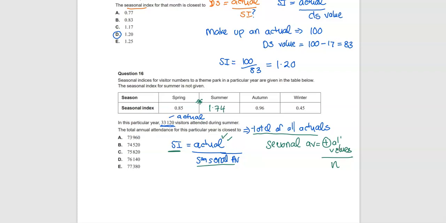The reason I know that is because there are 4 seasons, so the seasonal indices should all add up to 4. If I subtract all those other ones, I get that summer one. So now I have the seasonal index, I can find the seasonal average using this formula.